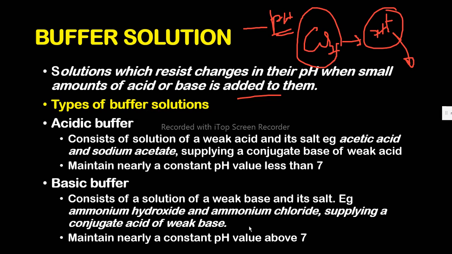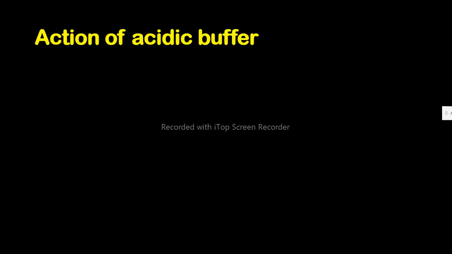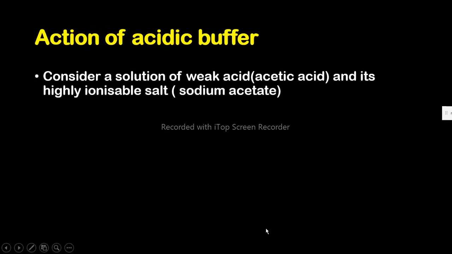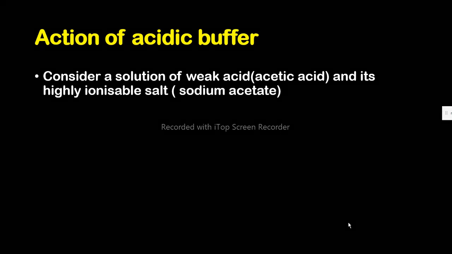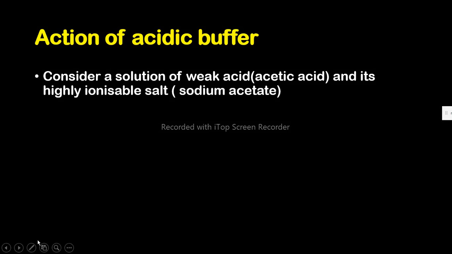So let's see, how do these buffer solutions work? Let's talk about the action of an acidic buffer. Now consider a weak acid. Let me use some permanent pen here.